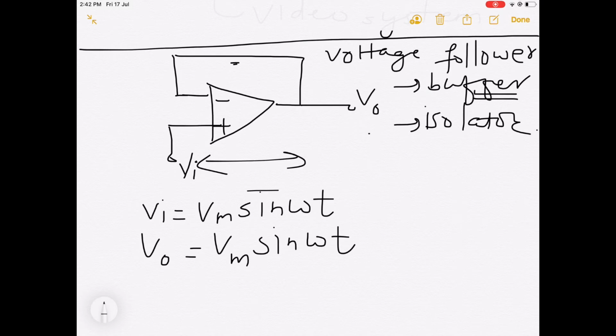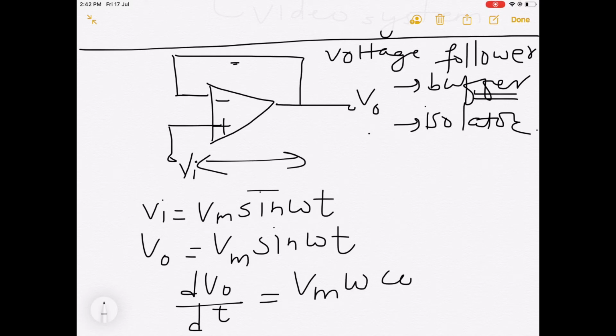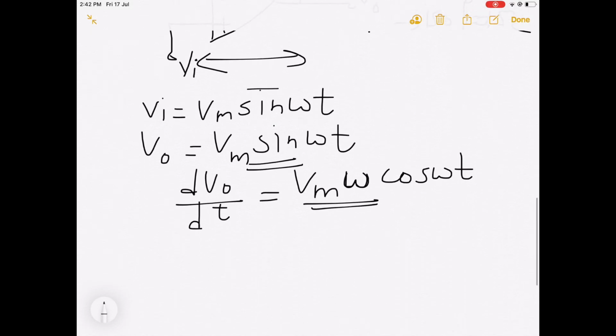So the rate of change of output, if you calculate dVo by dt, becomes Vm omega cos omega t. If you take the derivative of this term, you get Vm omega into cos omega t. This is your output at the voltage follower.